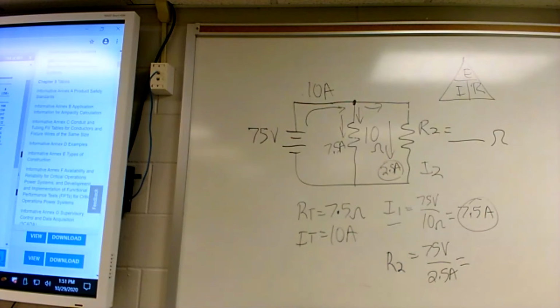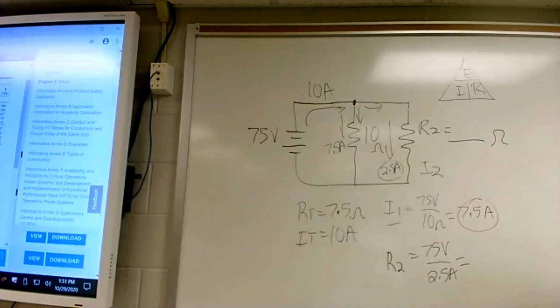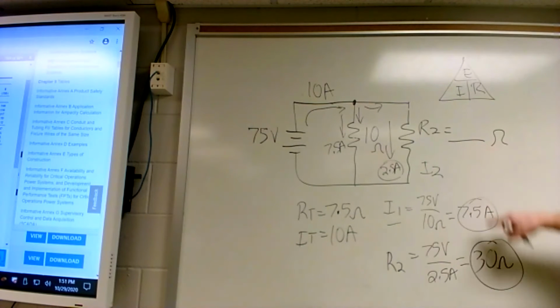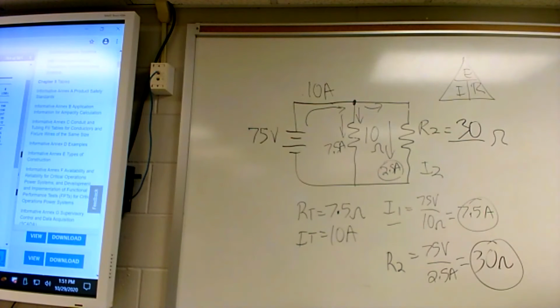So I came up with 30 ohms. Right. The question is actually asking for the resistance of R2 as the end result. Does that make sense? Yeah.